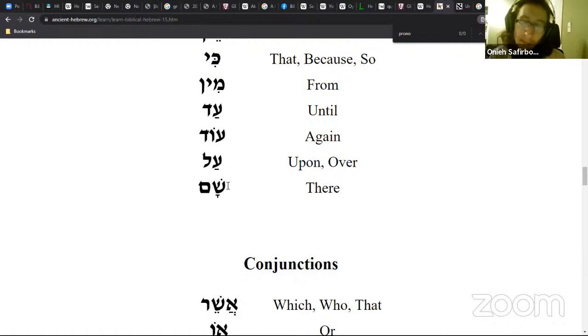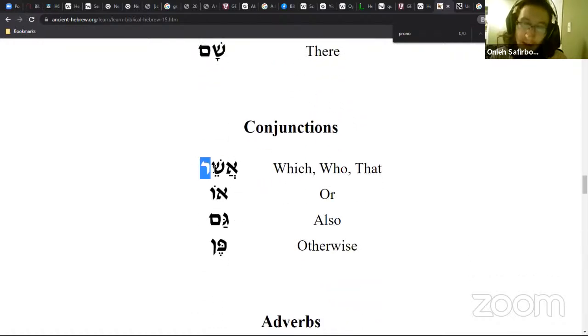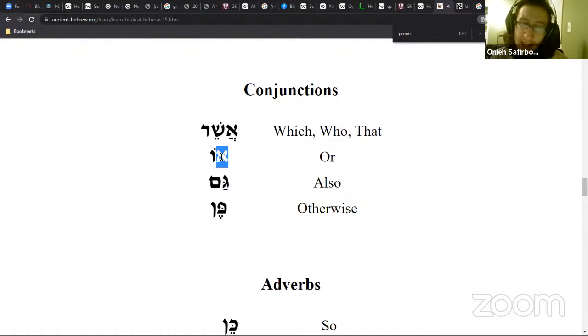And Shin Mem means there. We did this, Aleph Shin Resh, and that's which. But this one right here, Aleph Waw, means or. And it basically is pronounced ow or o.